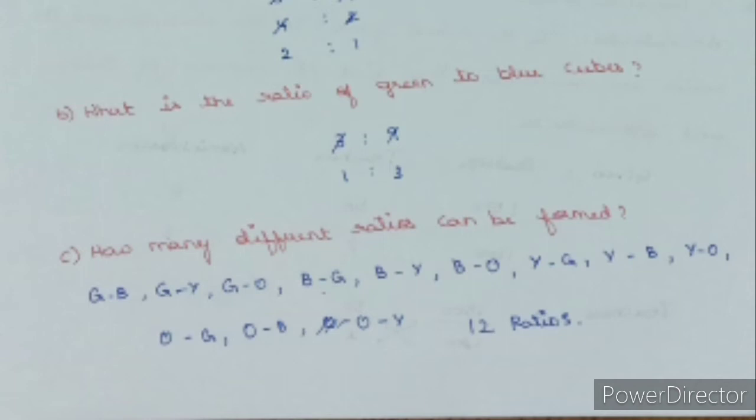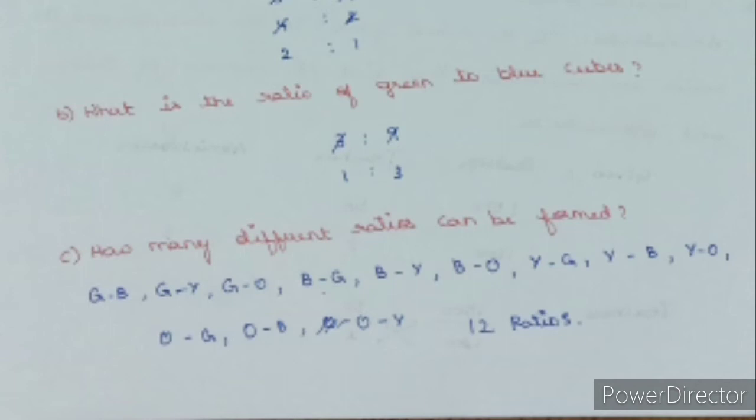Okay. Next question. How many different ratios can be formed? So, how many ratios can be formed means how many combinations can be formed? First, we will take green color. Green and blue. Green and yellow. Green and orange. Then, blue and green. Blue and yellow.